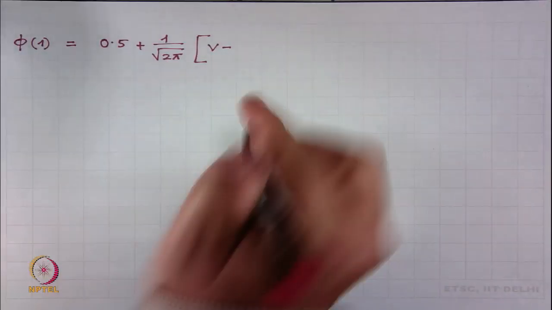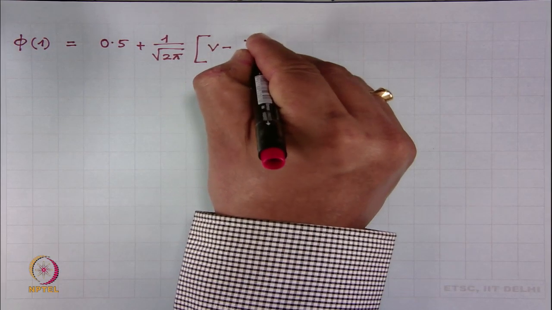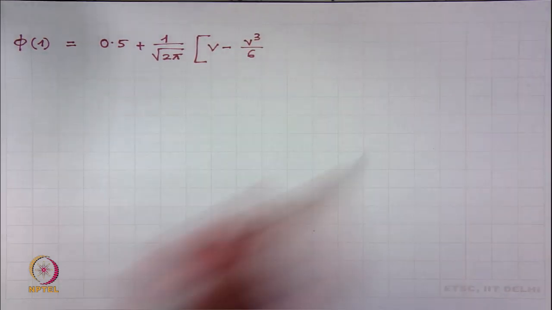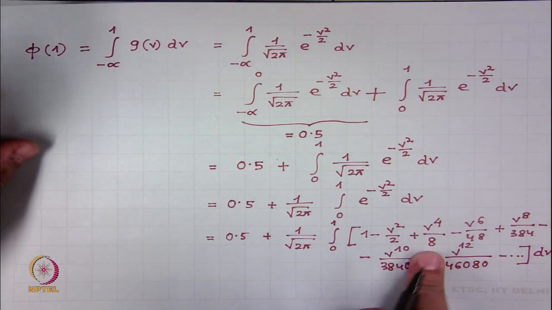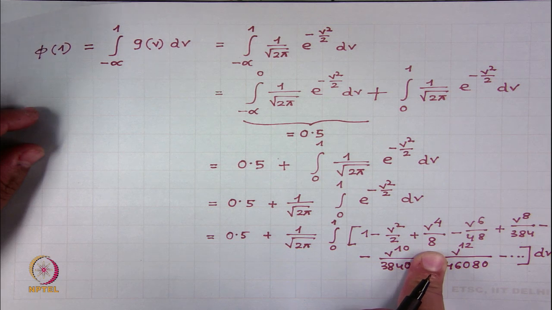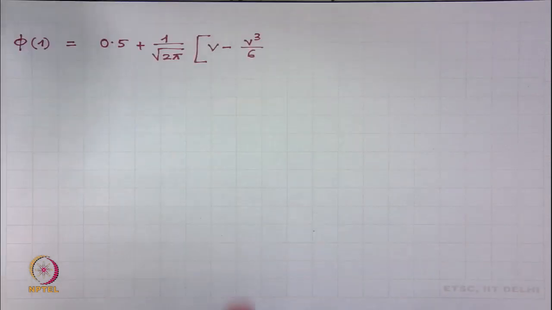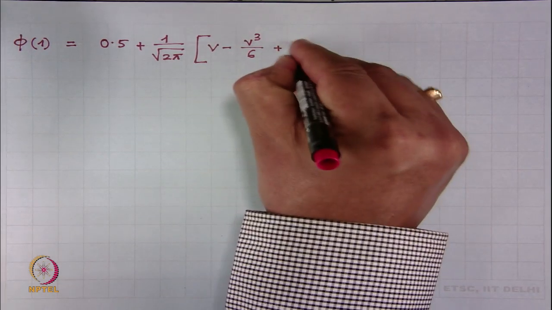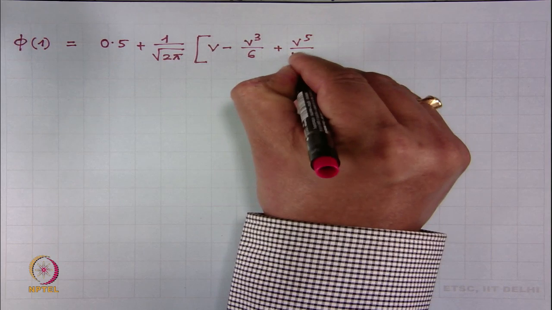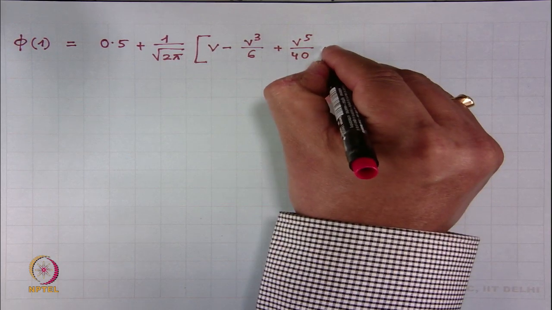Next, integration of v to the power 4 by 8 into dv, v to the power 5 by 40. In this way we continue.